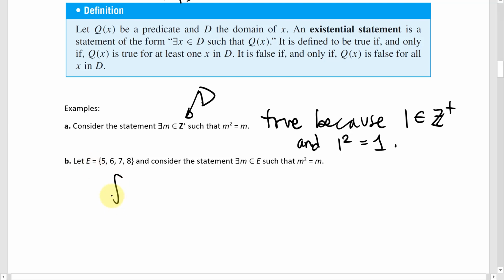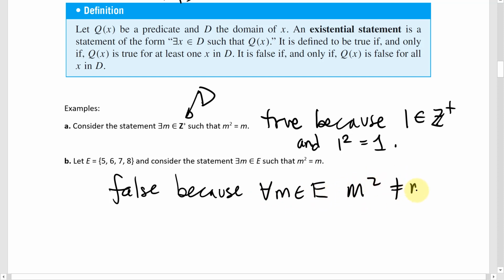Well, that's actually false because it's false for every element of E. Because for all values m that are elements of the set E, m squared won't be equal to m. If you take any of these values and square it, you won't get the same thing.